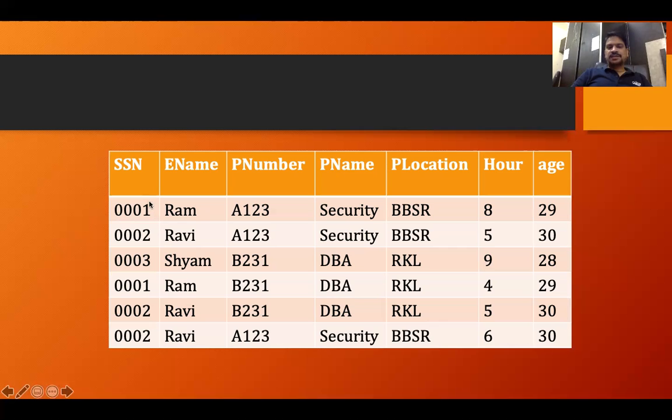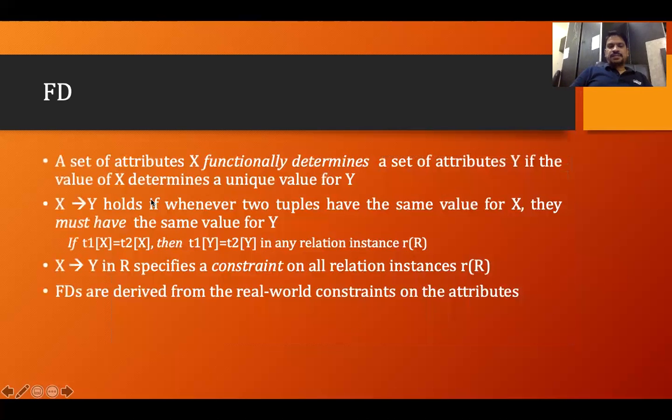If we take the left hand side as a roll number and the right side as a name, then this functional dependency holds: roll number determines name. The left hand side, the determinant, is the roll number, and the right hand side, which is determined by this determinant, is the name.